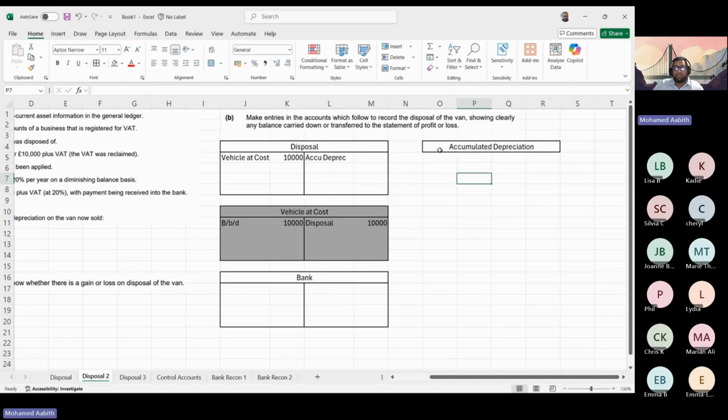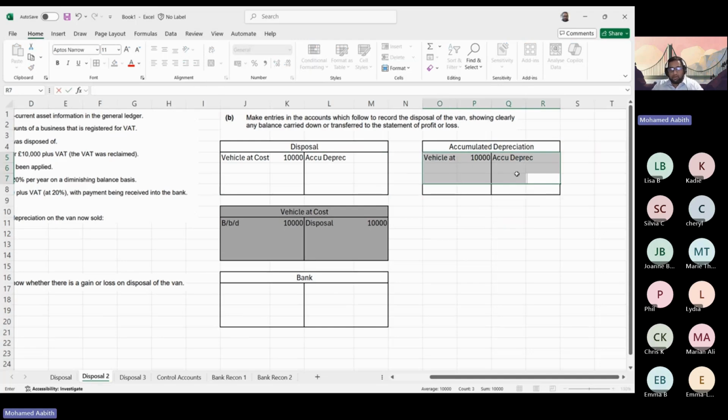So here, year one, we have depreciation charge, 2000. It carried over. The next year, the depreciation charge was 1,600. So basically, we have 3,600 pounds. We need to remove it.